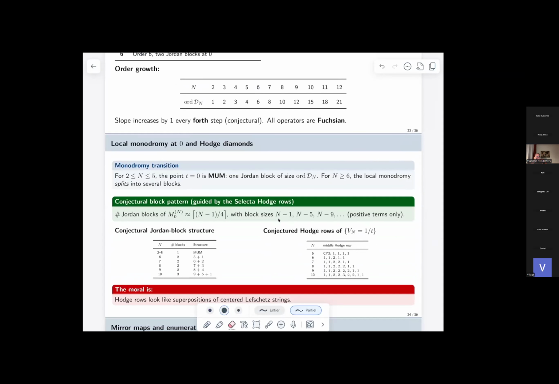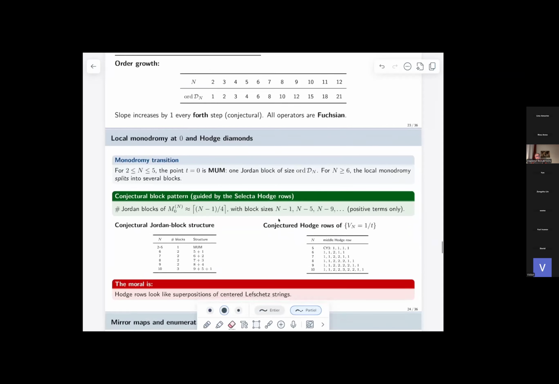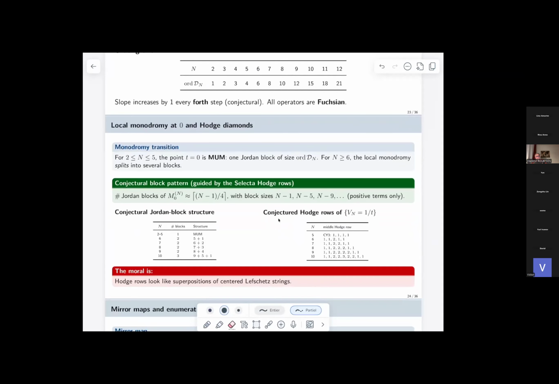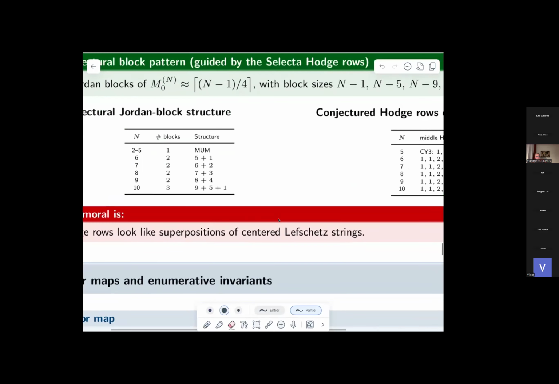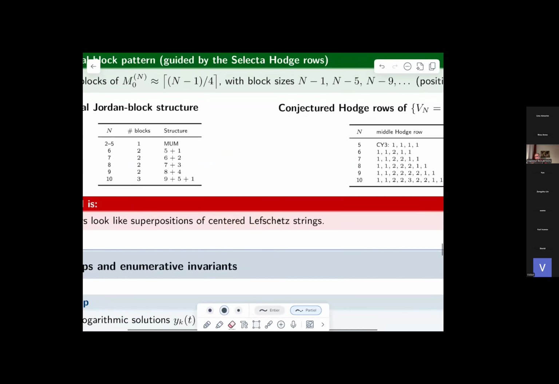So there is a conjecture that if we have this t equal to 0 and Jordan blocks of my kernel for n bigger or equal to 6, then the number of Jordan blocks is (n minus 1) over 4, integer part at least, and the sizes of blocks are n minus 1, n minus 5, n minus 9, the next n minus 13, etc.